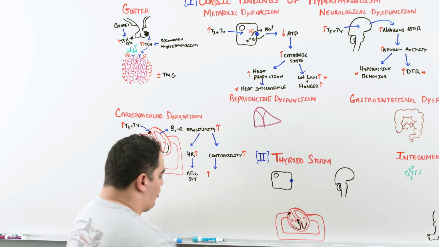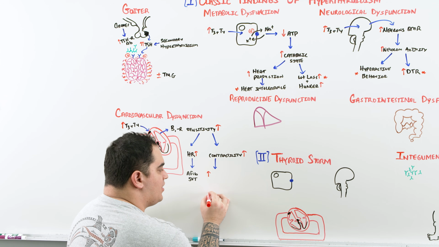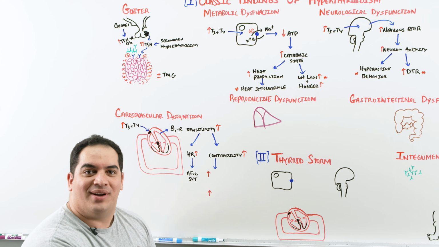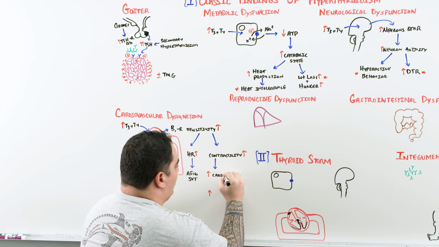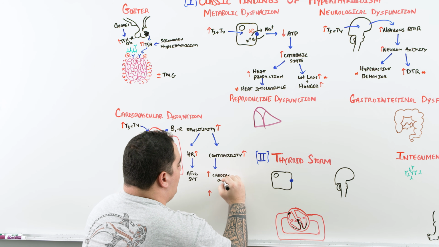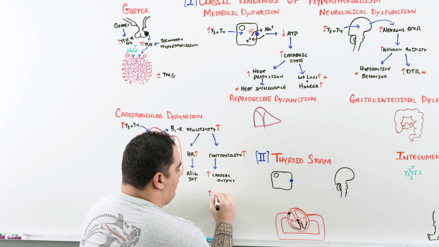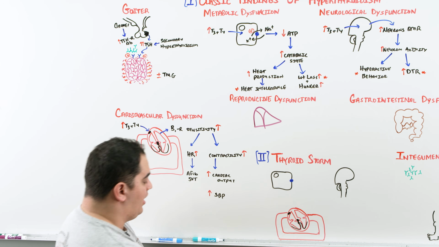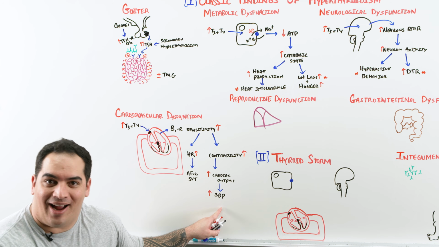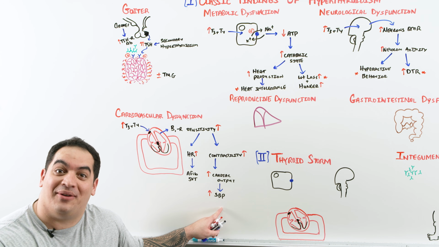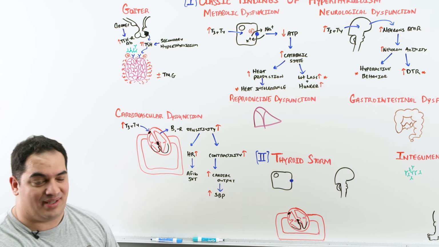If you increase your cardiac output, what does that do to your systolic blood pressure? It increases it. And so oftentimes these patients have an increase in their cardiac output. And what we know is that cardiac output has a very profound effect on your systolic blood pressure. And so these patients have what we refer to as systolic hypertension, whereas hypothyroidism causes diastolic hypertension.